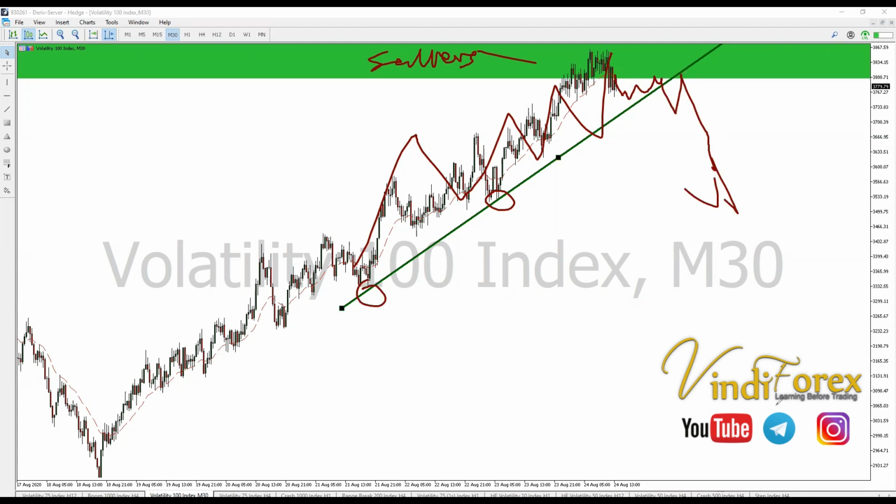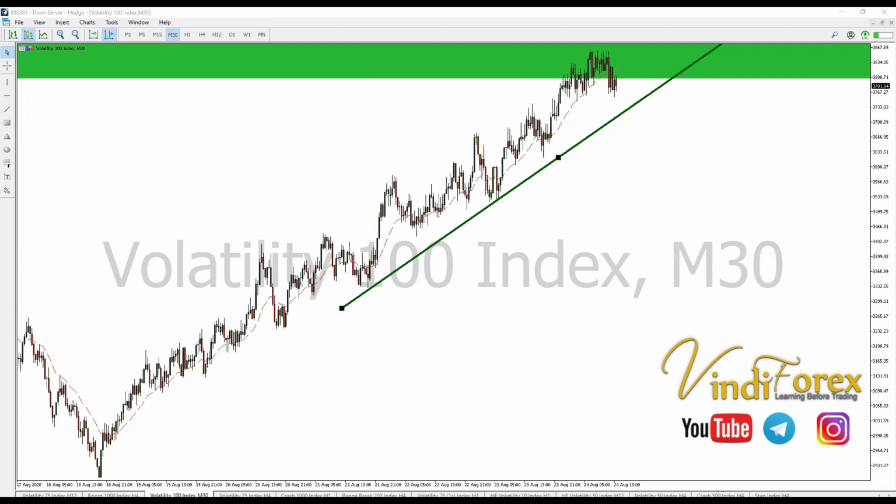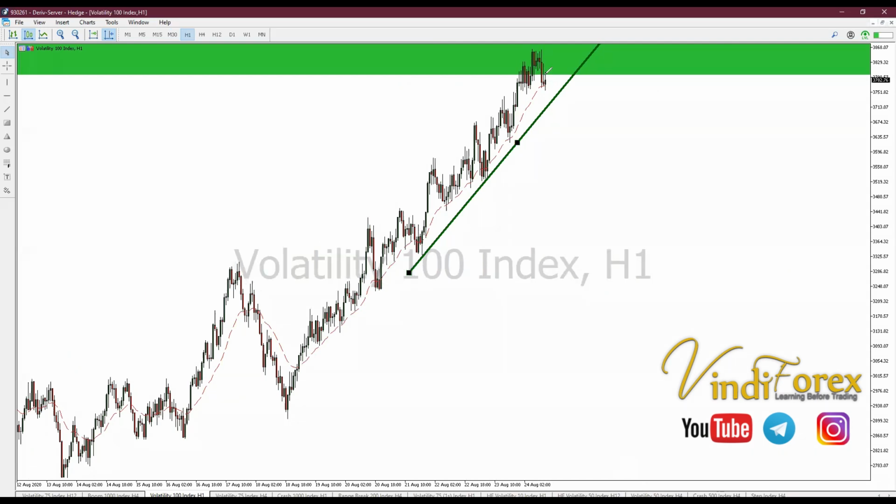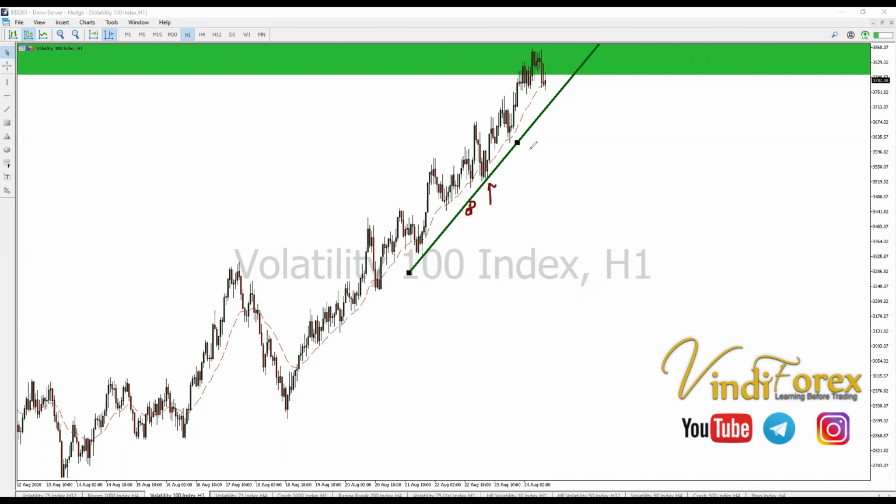And if you've been trading for some time, you might have noticed that this is the only conservative way that is going to help you stay away from chasing price and just selling without any sort of signal. So here it's a war between buyers and sellers, with buyers pushing price to the upside here, and sellers pushing price to the downside. Can you see that?